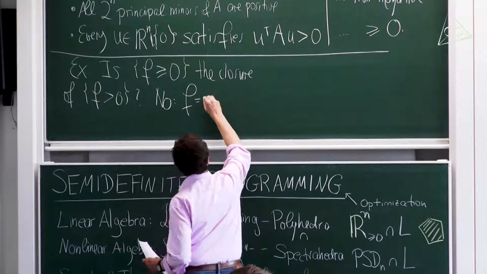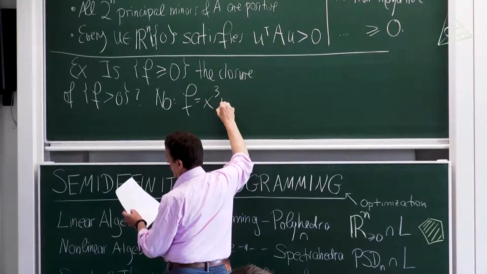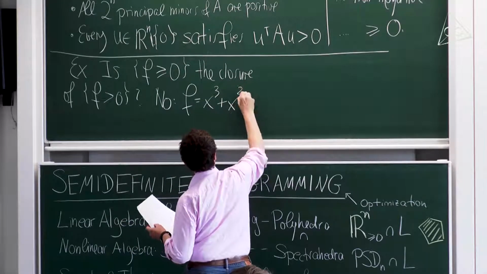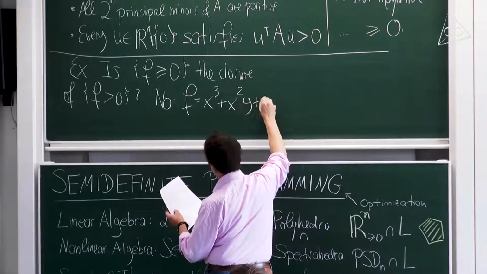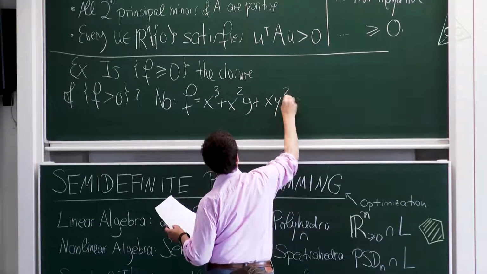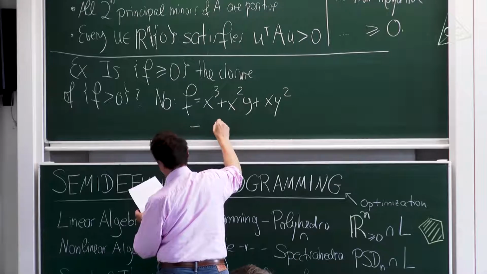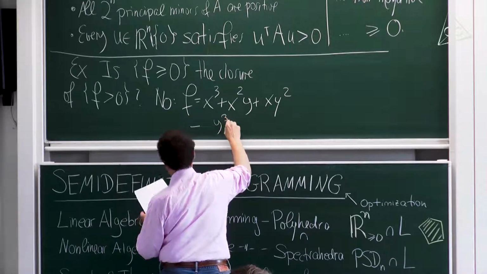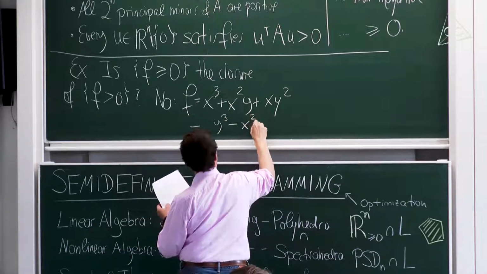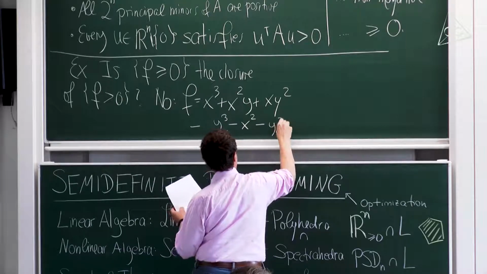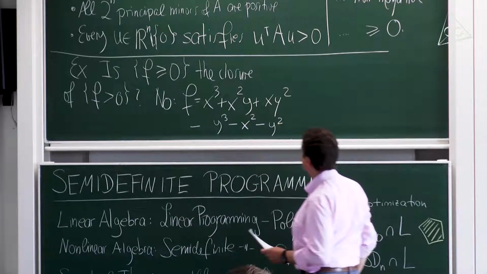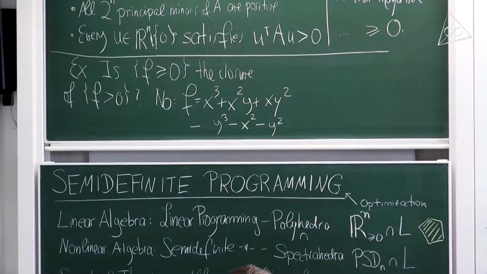So here's a simple example. I'm going to write this in a slightly hidden format: x cubed plus x squared y plus x y squared minus y cubed minus x squared minus y squared. So this is a polynomial in two variables, x and y, of degree 3.